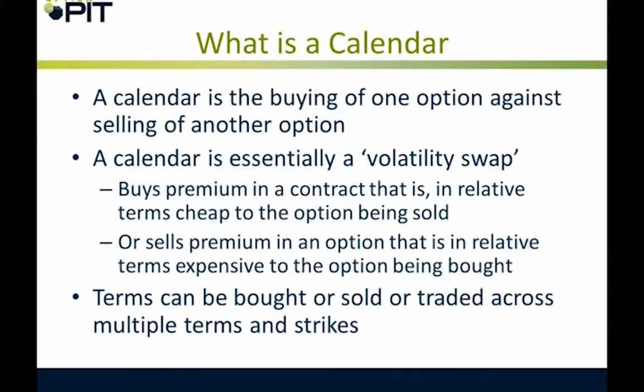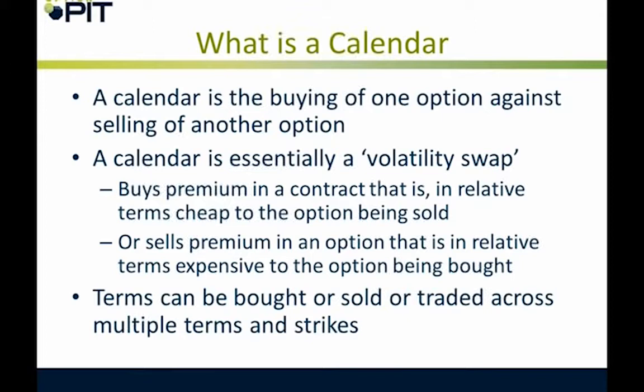So in general, a calendar is really a volatility swap. A trader buys premium in a contract that is in relative terms cheap to the option being sold, or if they want to short the time spread, we're not going to really talk about that. The trader sells premium in an option that is in relative terms expensive to the option being bought.